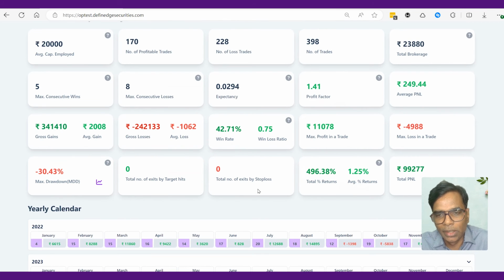The total return is around 490, almost 500%. So how is this calculated? The average capital employed, right? At any given time, we are only using this 20,000 as our capital. We are not using it in multiple trades in one go. Only one trade at a time. So this is our initial capital.